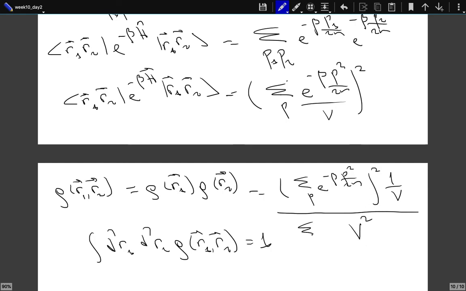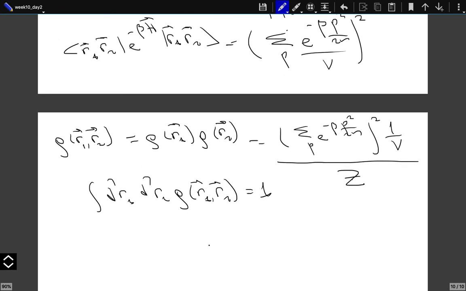Well, okay, let's say some normalization over here. And you see, nothing depends on r over here. So rho(r1, r2) just turns out to be 1 over the volume squared. So there's a uniform density.